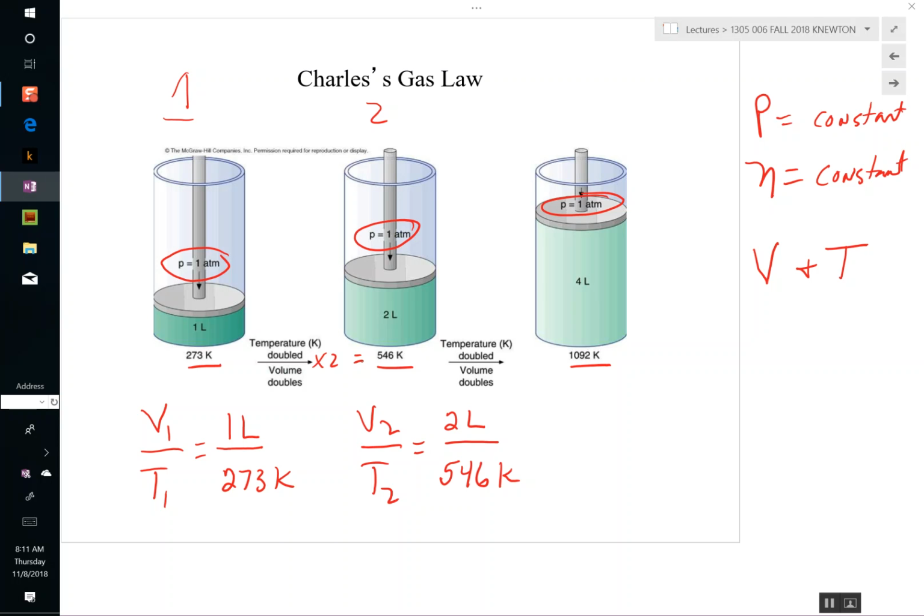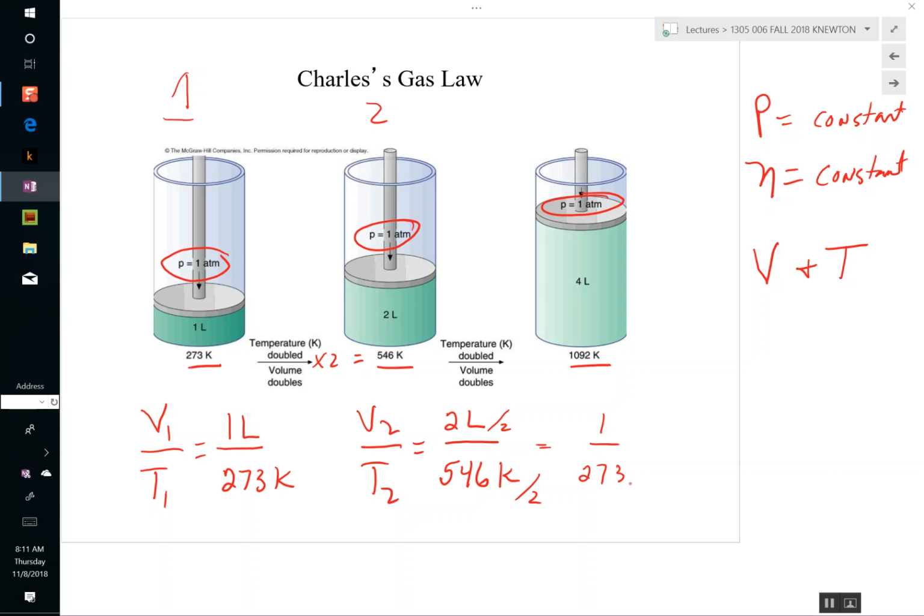All right, so if I were to divide this by 2 and divide this by 2, I would have 1 over 273. Right? The ratio hasn't changed. It's still 1 to 273.